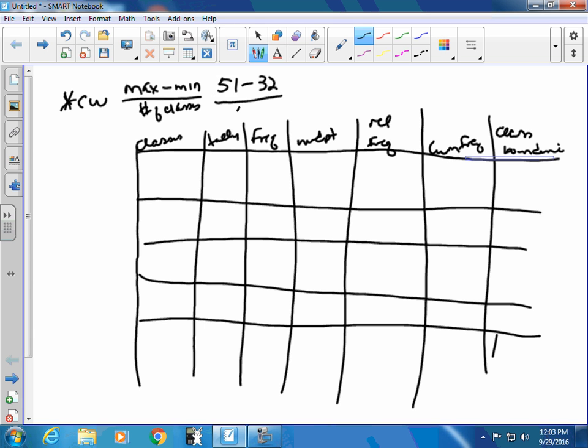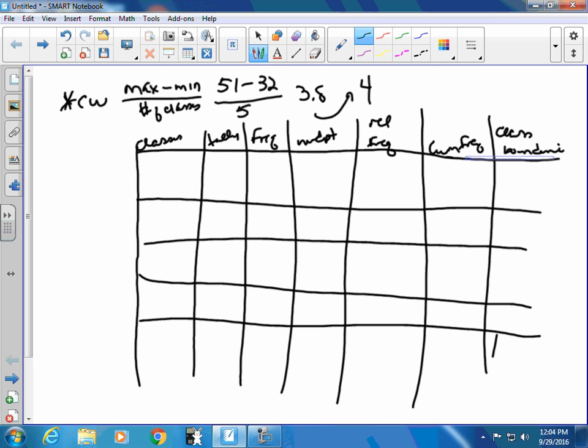And we're going to divide by 5. So you're going to divide, and you're going to get 3.8. And what do we do with 3.8? Round up to 4. What if it was 3.2? Where would I round to? Still up. Good. Still to 4. It ensures that we catch that last class.